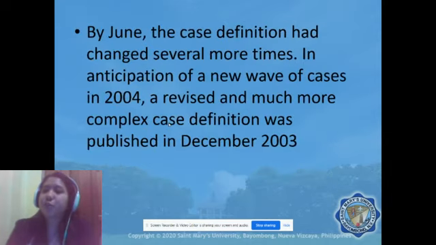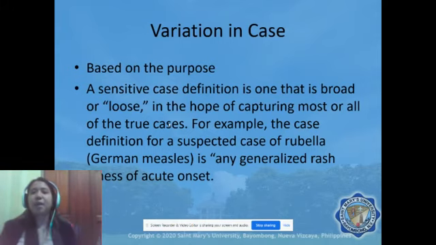And then by June, there were still several modifications done in the definition. And in anticipation of a new wave of cases in 2004, a revised and much more complex definition was published in December 2003.